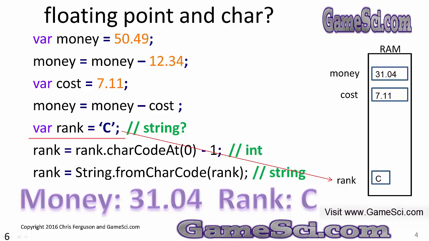Now let's have a game where we rank the players. So an A player is super high ranking, a B player is a little below that, a C is an average player, and D and F ranked players are newbies, beginners, people who aren't very good at the game. So we're going to set a rank. The first thing I want to explain about JavaScript when I declare this var rank equals C is JavaScript stores these as strings.